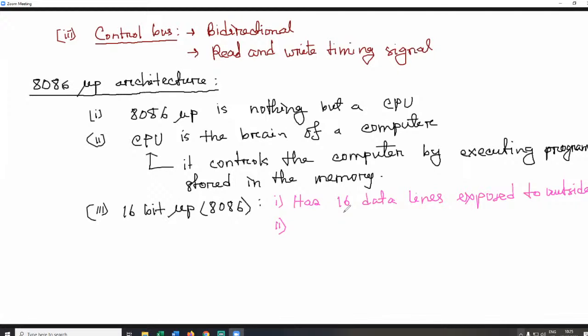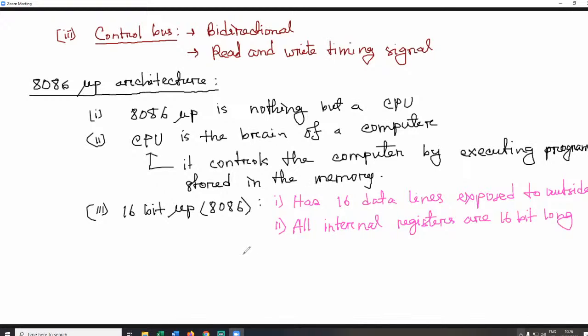The other point is all internal registers are 16-bit long.